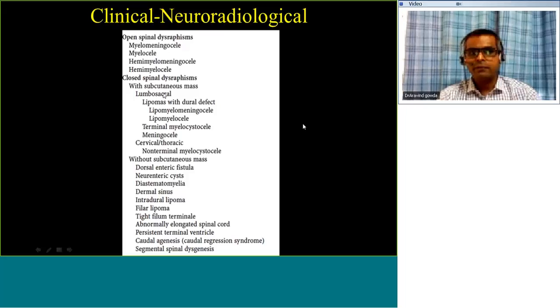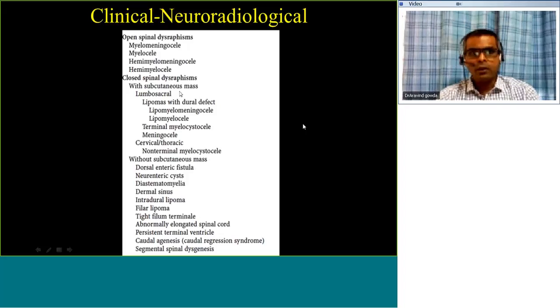In the closed spinal dysraphisms, we are categorizing into two. One is with subcutaneous mass and the other is without subcutaneous mass. I will be dealing with the open spinal dysraphisms and the closed spinal dysraphisms with subcutaneous mass in today's lecture, and subsequently I will be telling about those without subcutaneous mass and other anomalies in the next class.